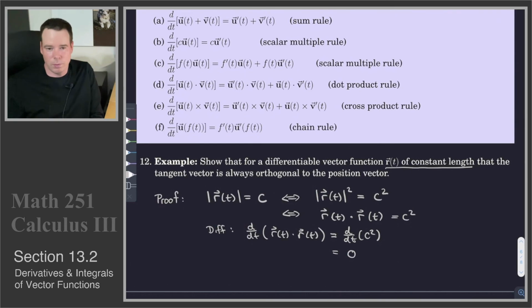It's the derivative of one of the pieces dotted with the other one, and then vice versa, added to it the derivative of the other piece dotted with the first one. And since the dot product is commutative, what this really boils down to is r prime of t dot r of t plus r of t dot r prime of t, but that's just the same thing.